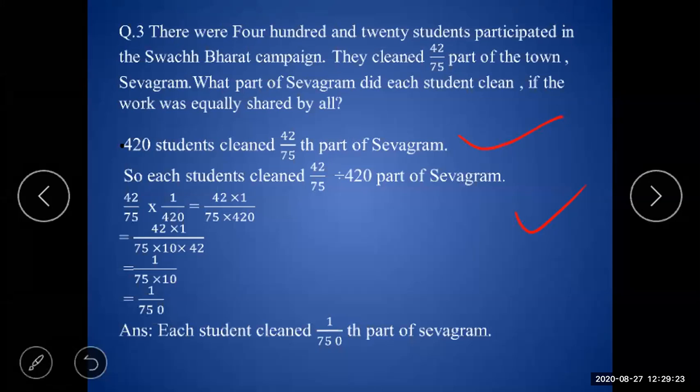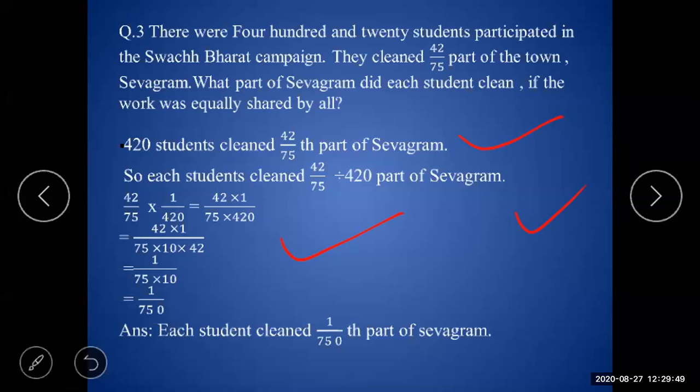Now next step, 42 upon 75 we will write as it is. Division is there, so it will change into multiplication. See the third step, 42 upon 75 as it is. When we change the division, the second number will be the reciprocal. Here 420 is there, that means 1 is below it.